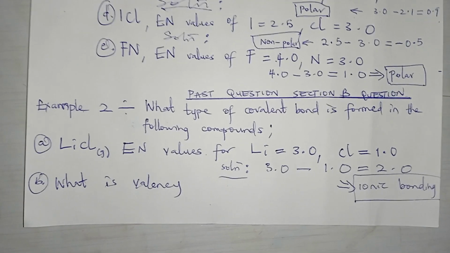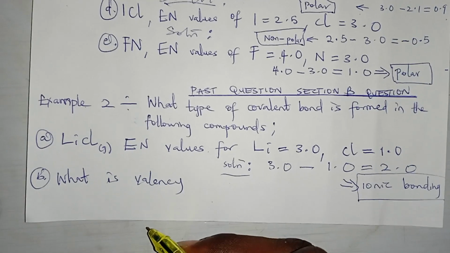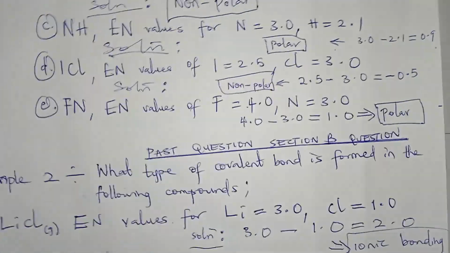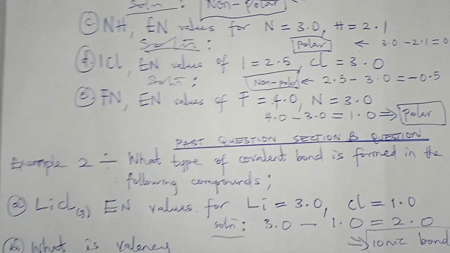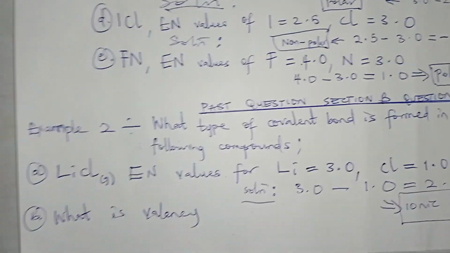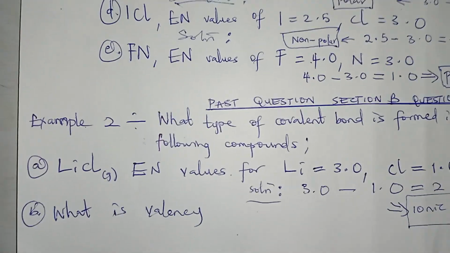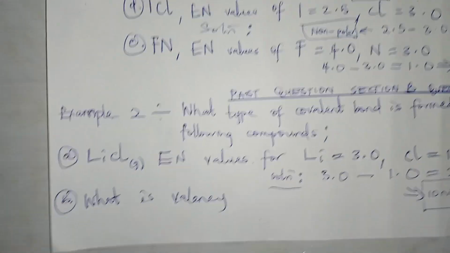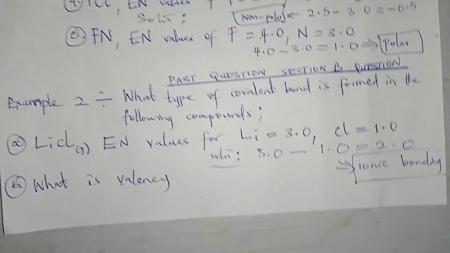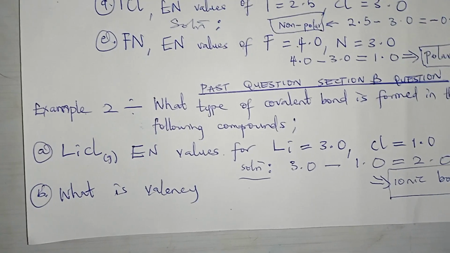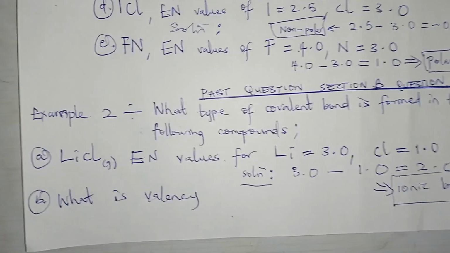Now the last part says, what is valency? Valency is like a rank, or you say it's money. When you want to buy something, they tell you what do you have. So something to show that you can combine. That is why we say the valency of nitrogen, for example, is 5 and 3, because it is having 5 in the outermost shell. So when you are doing the Lewis, it will always be 5.